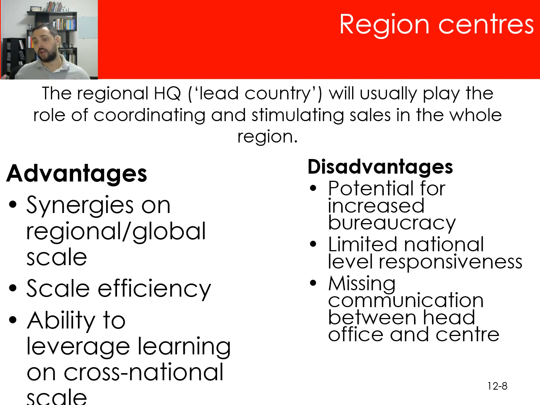So if you have a regional headquarter, sometimes you need to wait for the answer from the headquarter, from the local CEO, to say if you need to adapt your strategy given something that is happening in the market. And finally, you can start having miscommunication between the regional centers and the global headquarters. And this can lead the company to lose the potential advantages of having different regional centers.